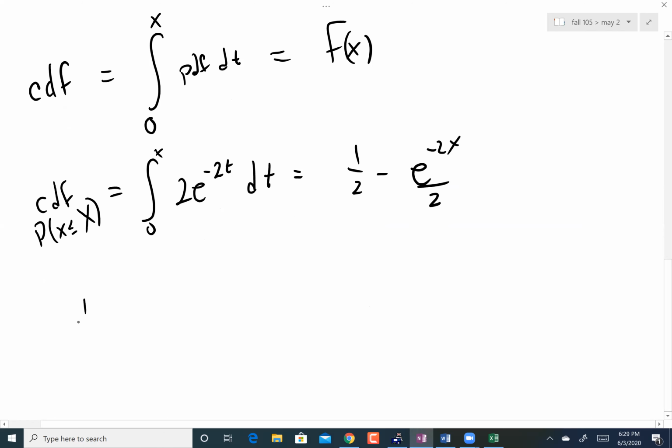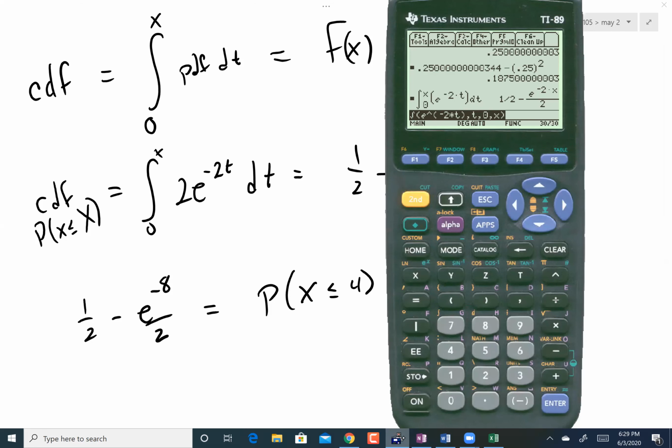If we say it's 1/2 minus e to the negative 8 over 2, this is equal to the probability that x is less than or equal to 4, but it makes no difference because, again, the probability at 4 is 0. So grab that. I like to go such that x equals 4, but you can just dump it in if you want. Notice that's 0.4998.